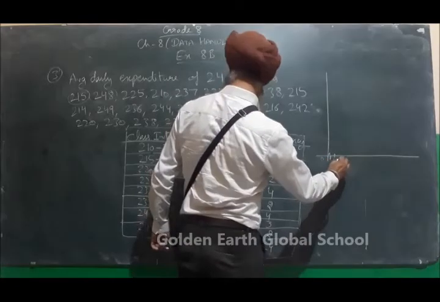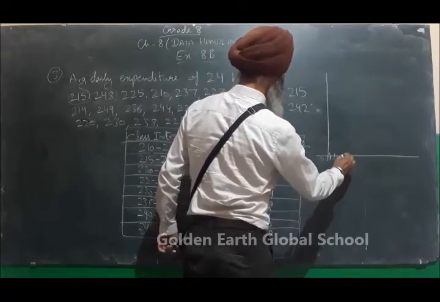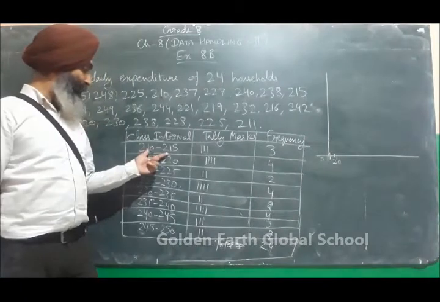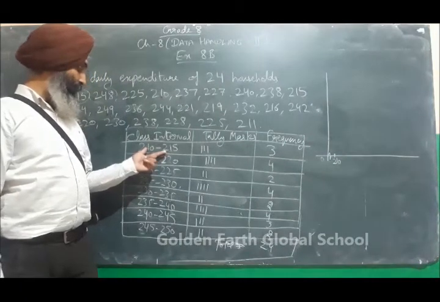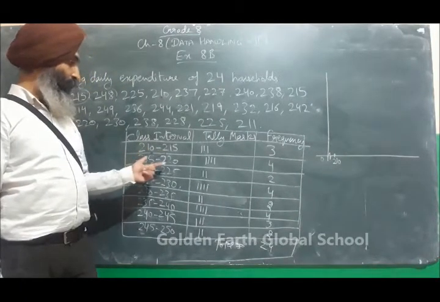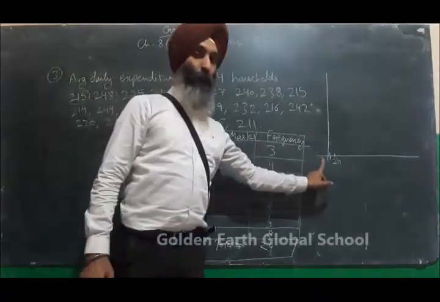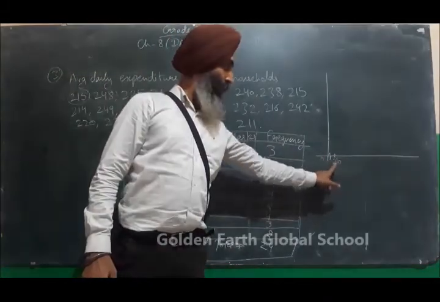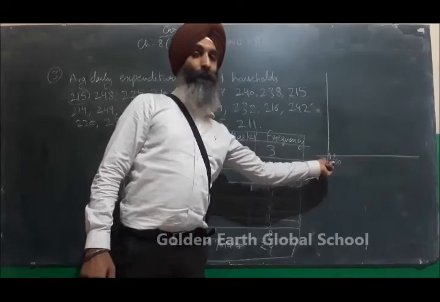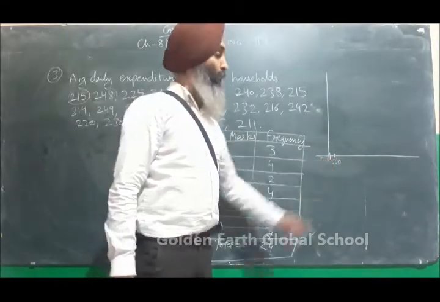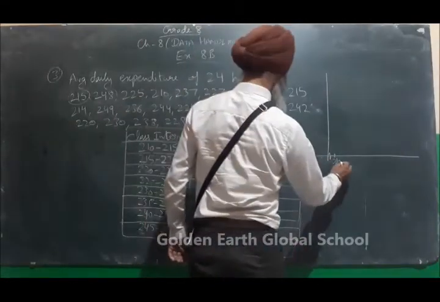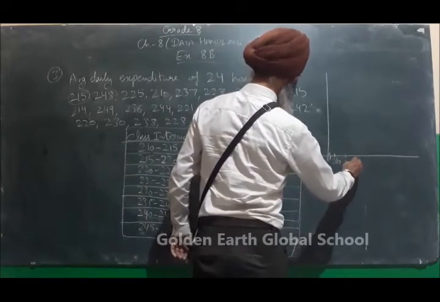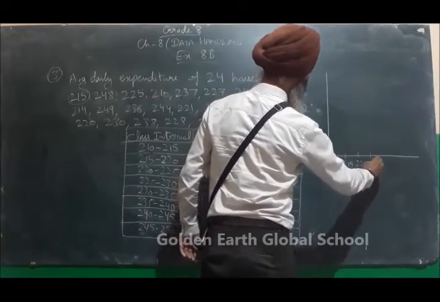So it is 210, because the difference between classes is only 5, and here I have written 0. So 0 to 210 we will cover in this break. Okay, understood my point? So 210, 215, then so on, write down each and every value.